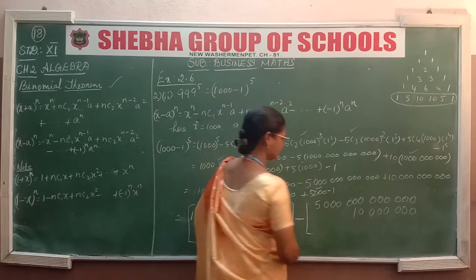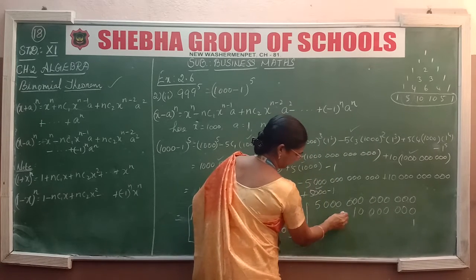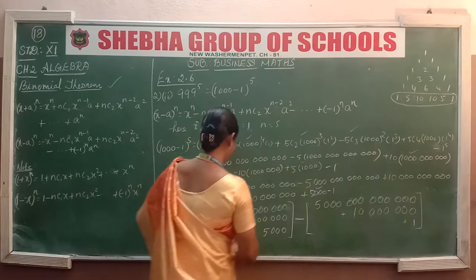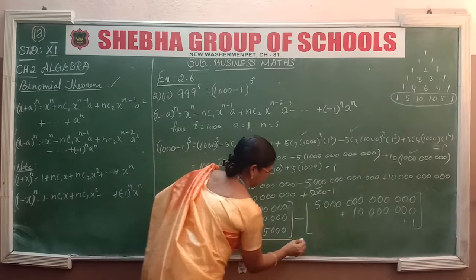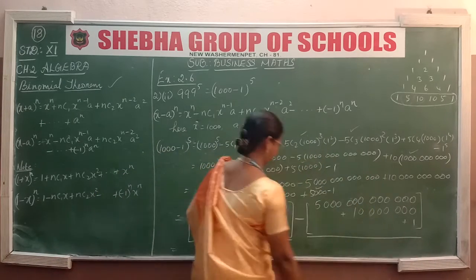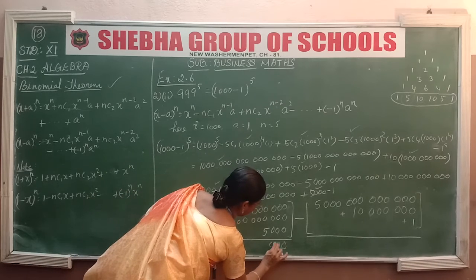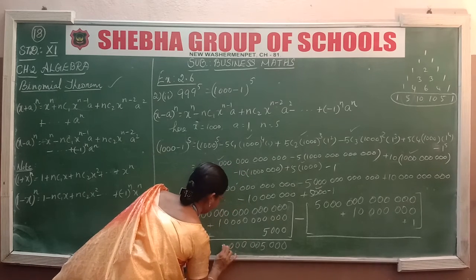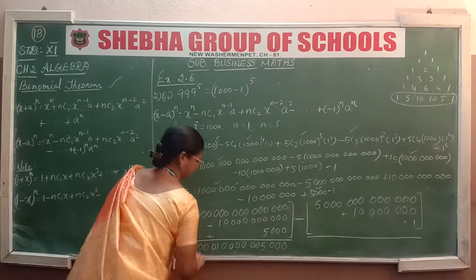The last one is 1. So I am taking minus outside commonly, so here we get plus only. Now adding these two and minus. Adding these two we get 1 0 0 0 5 0 0 0 0 0 0 1 0 0 0 0 1.